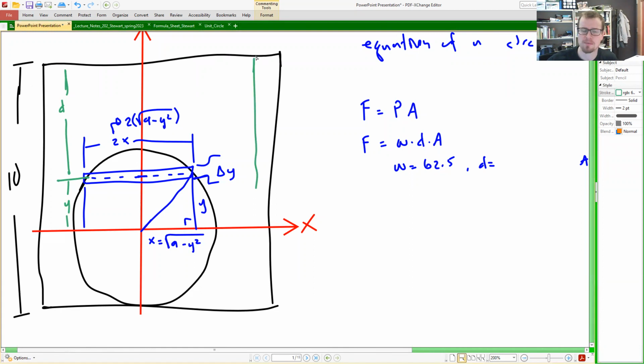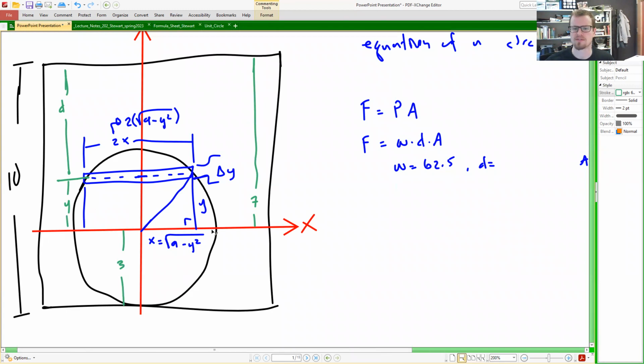The distance from the surface of the water to the center of the drum is 7 feet. And how do I get that? Well, I know that the total depth is 10 feet, as described right there. And I know that the radius of the drum is 3 feet.